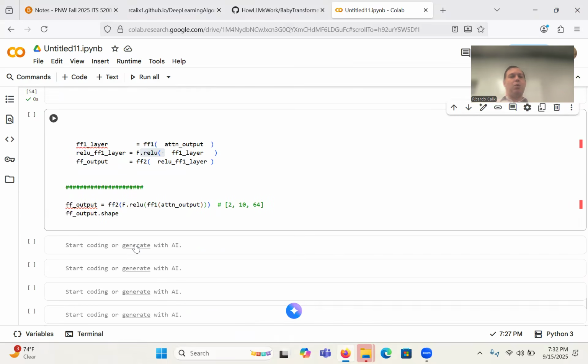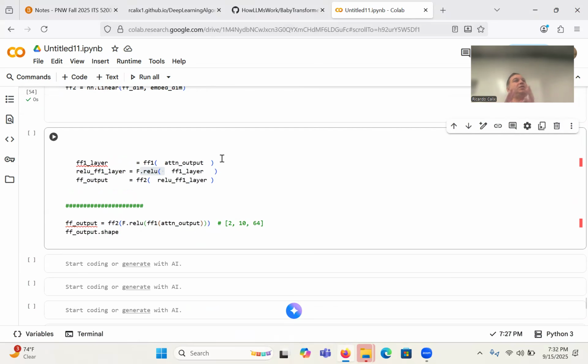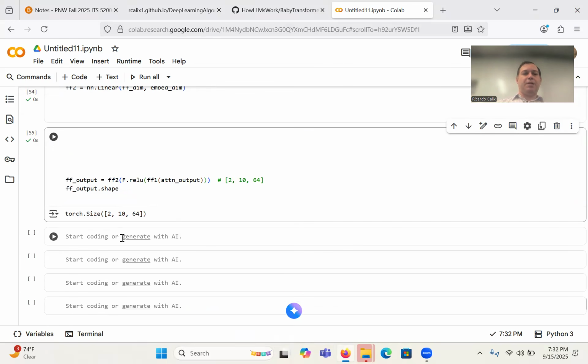All right, and we're almost done. Going back, a nice feature you'll notice: remember, I'm making it 64 up to 128 and bringing it down, right? When I run this, the shape is 2 by 10 by 64.